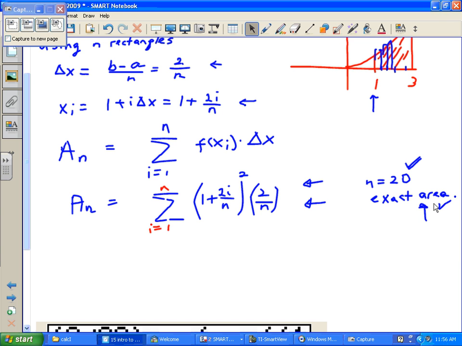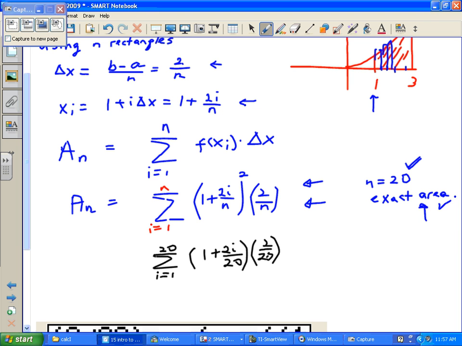All right, to enter this into the calculator with n equals 20, let's first rewrite the sum with n equals 20. So we're going to go i from 1 to 20 of (1 plus 2i over 20) times 2 over 20. Now 2 over 20 is a constant.